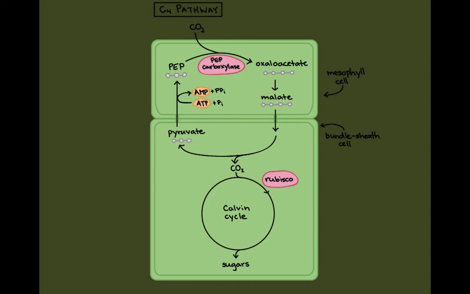In order for the CO2 to get into the bottom cell where there is rubisco for it to do photosynthesis with, it needs to get turned into something else. So in this top cell, we're going to turn the CO2 into malate, which is a 4-carbon molecule, hence why this is called the C4 pathway.